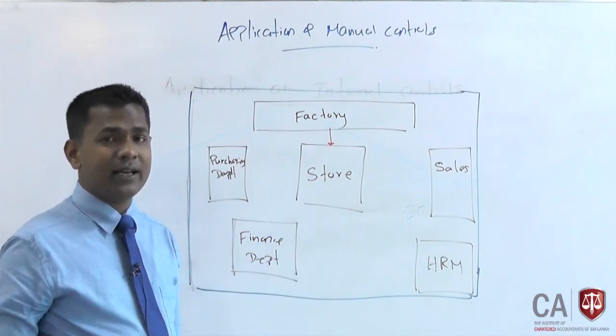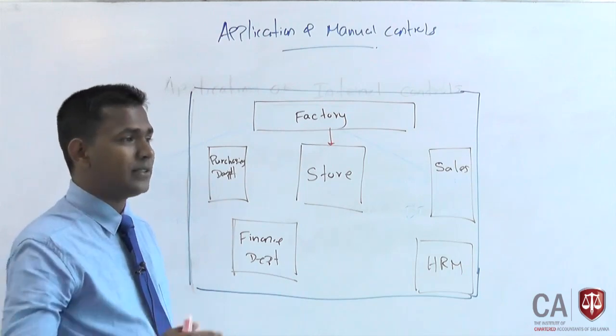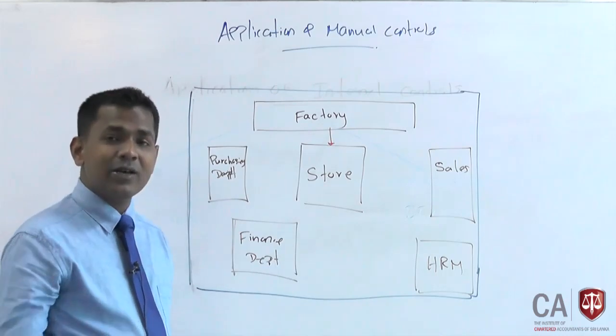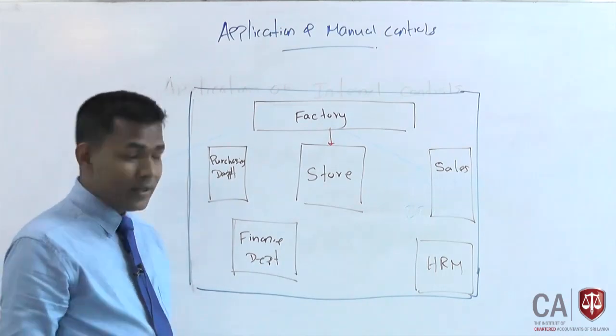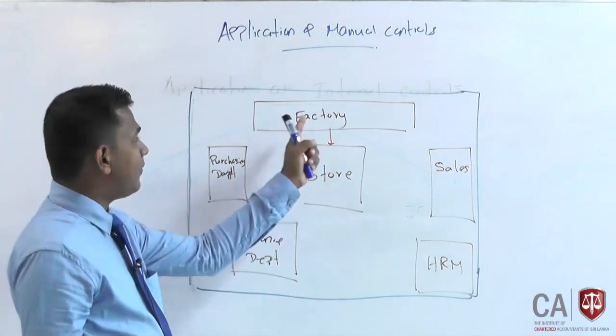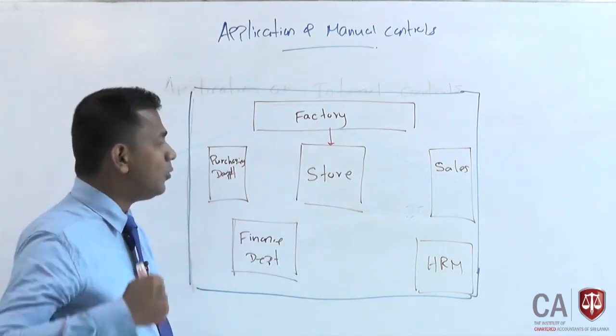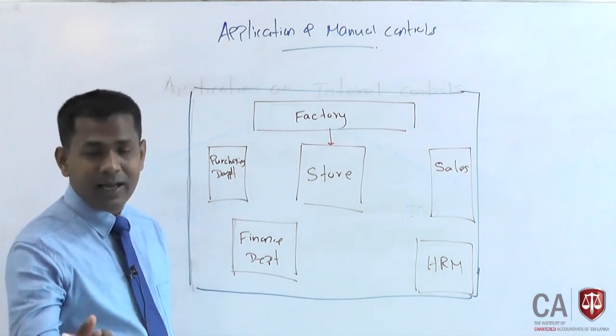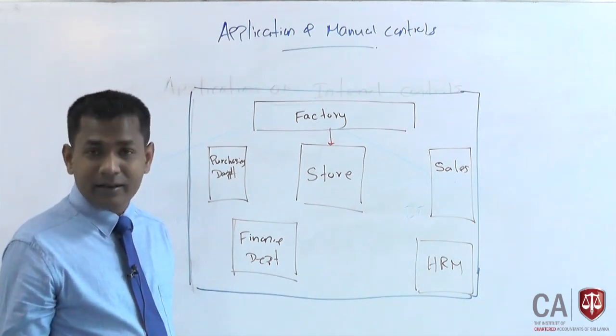For example, take Munchee, which manufactures biscuits. When the biscuits are prepared you need sugar. When the sugar is over, the factory gives a call to the store and says, send me the sugar. That is one way of doing it, but that is not good internal control.